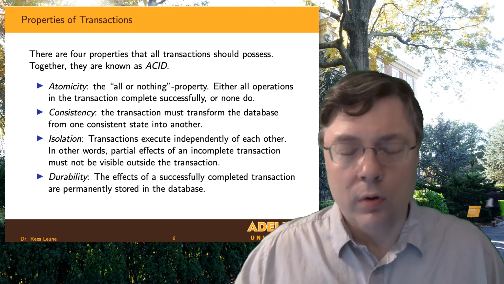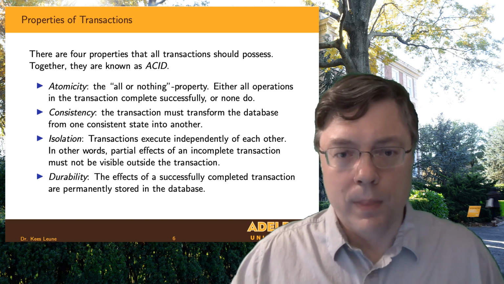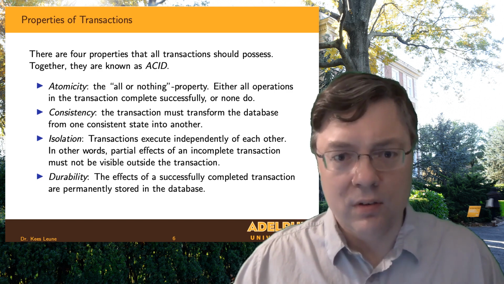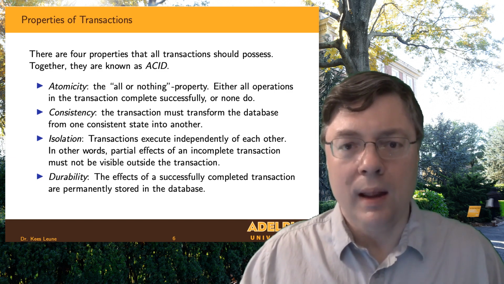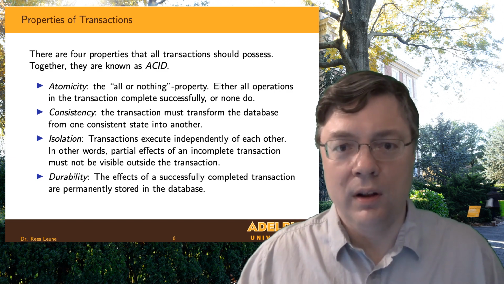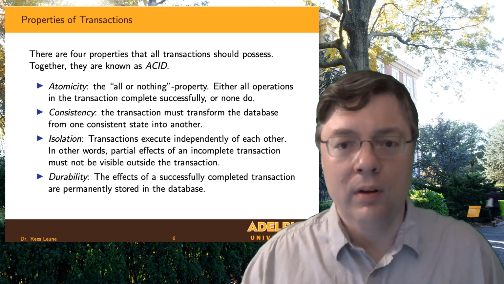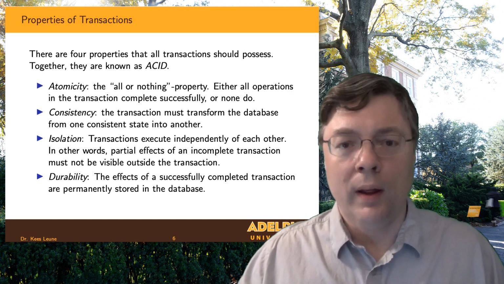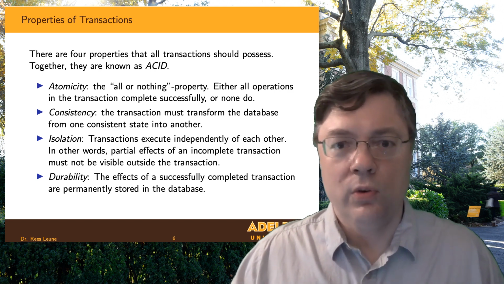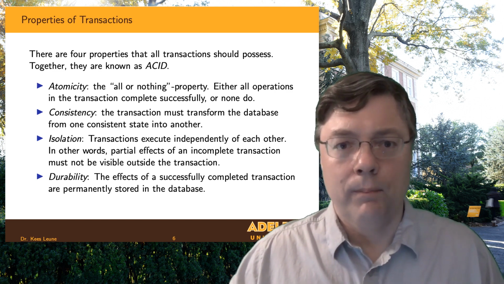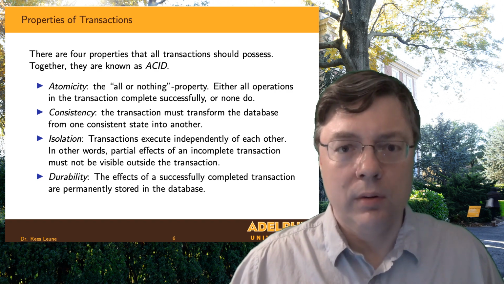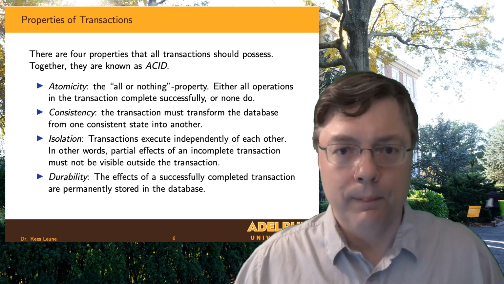Third property is isolation, and that means that any intermediate changes that are part of the transaction should be invisible to anyone else who's using the database until the point that the transaction commits. So in the example of my changing my student ID number, let's say that I've updated inside the transaction my student ID number to 100, but I haven't updated the grades table yet.